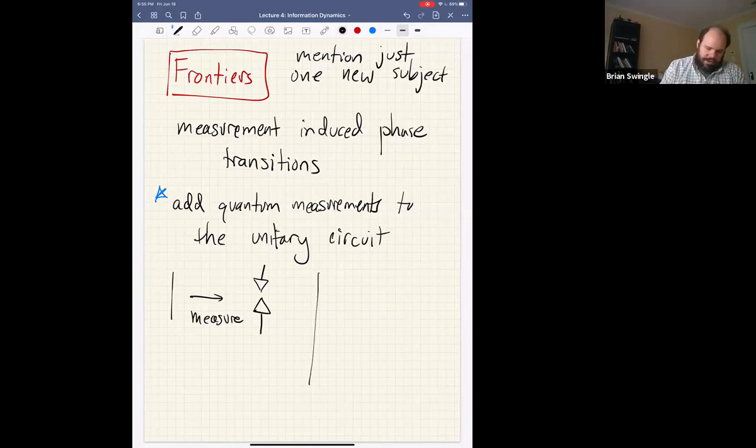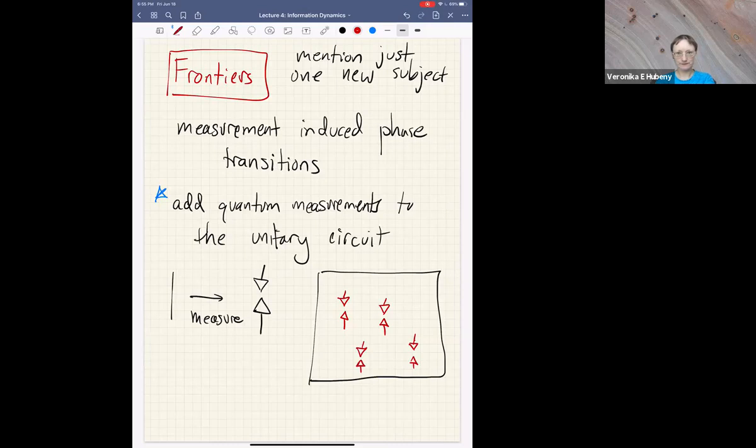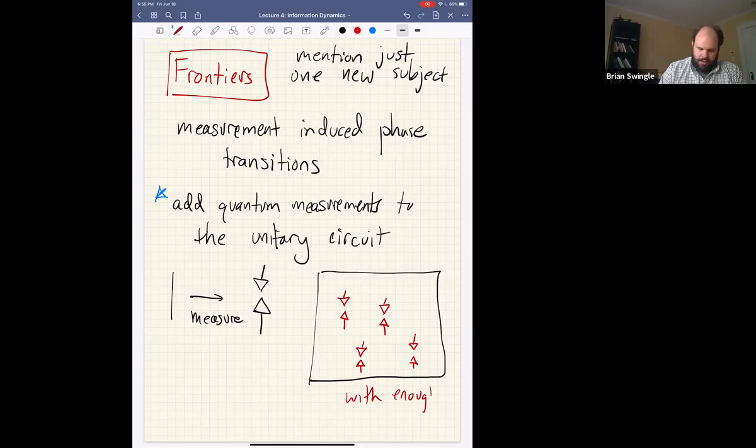So the picture is that you would have your circuit, and now you would modify it by lots of little random inclusions where you're breaking lines. And you can imagine with enough inclusions, you lose entanglement.